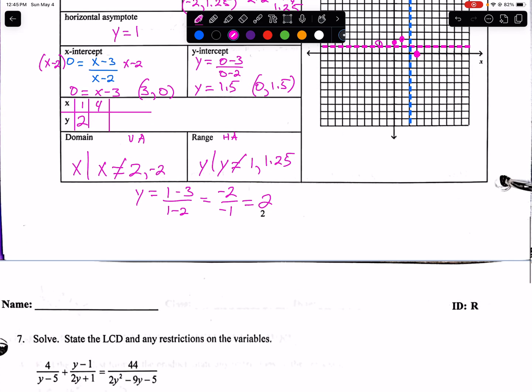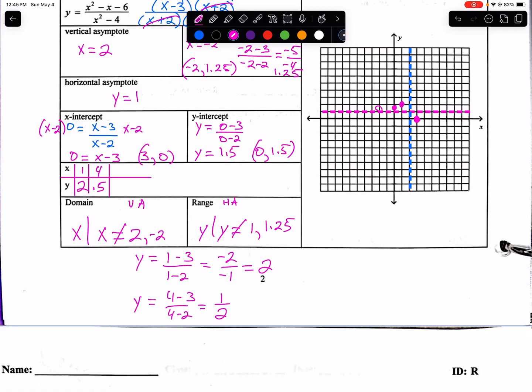So 4 minus 3 over 4 minus 2 is 1 over 2, so 0.5. At x equals 4, it's 0.5. And you draw your graph. It's like a hard right turn. And when you draw it, you just skip the hole.